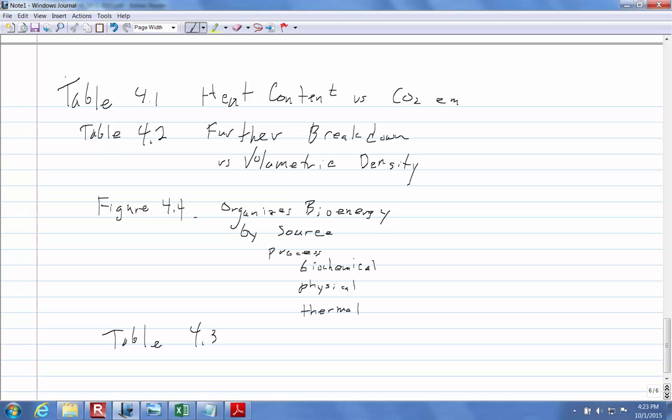Area. Next page, no? It's in the area spot. Area, yeah, it wouldn't be volume. Thank you. So a hectare is approximately equal to 10,000 square meters.